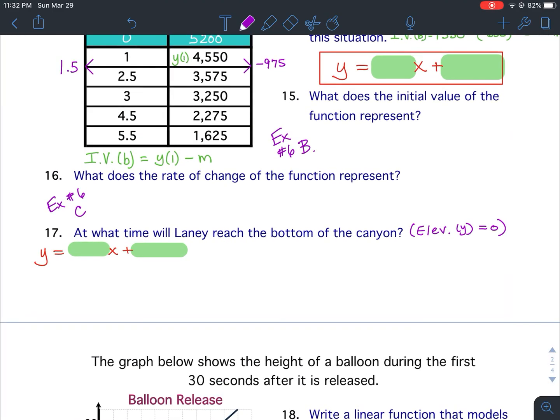What that means is you're going to take this equation over here that you wrote down. It's the same equation that you got up there. And you're going to plug the 0 in for y. So you're going to put 0 equals your slope, the x, and then your y-intercept will be at the end.